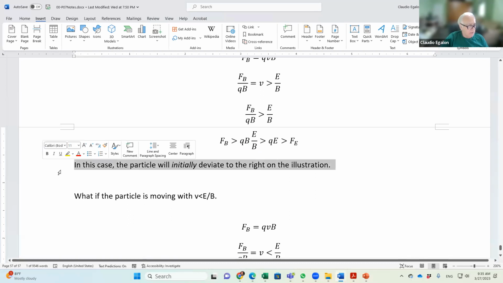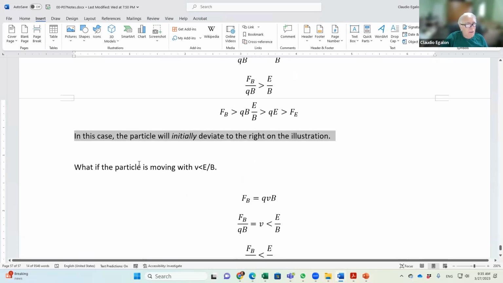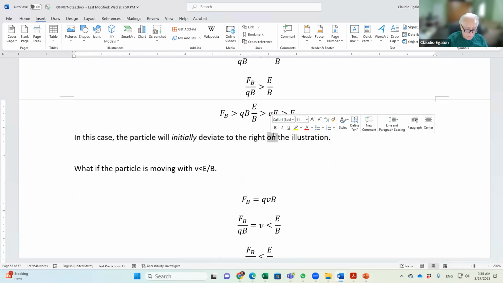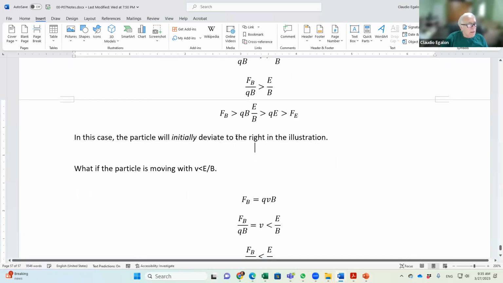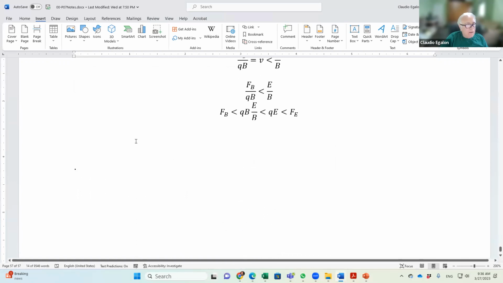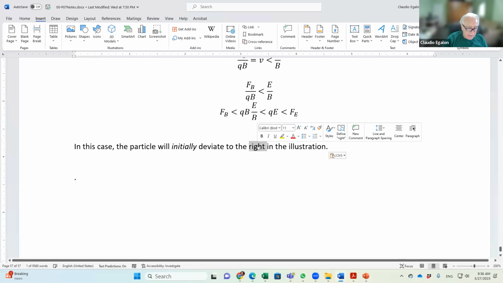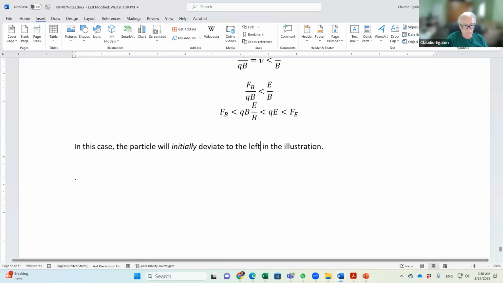In the other case, the particle will initially deviate to the left in the illustration.